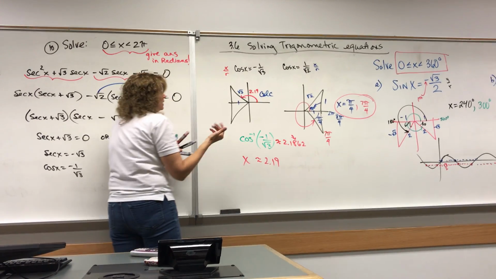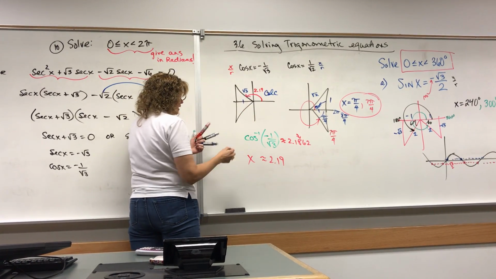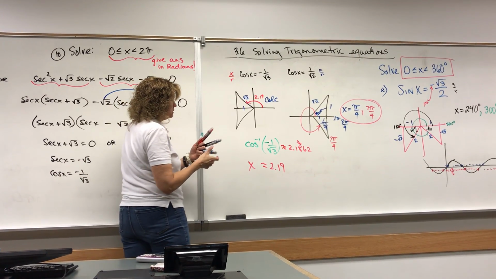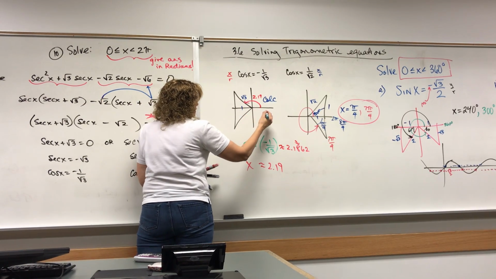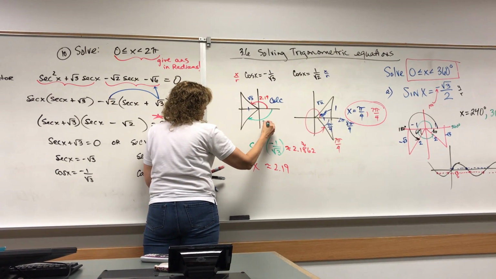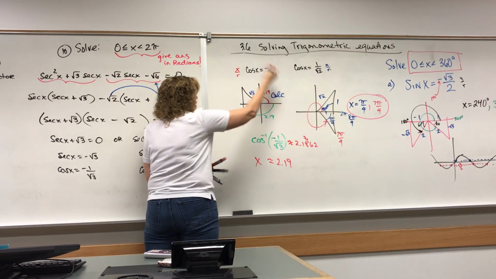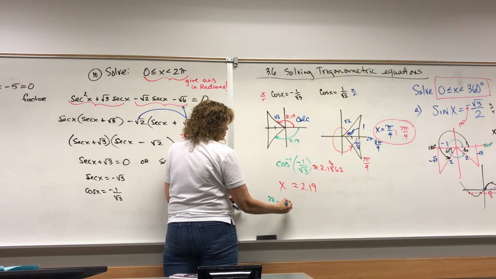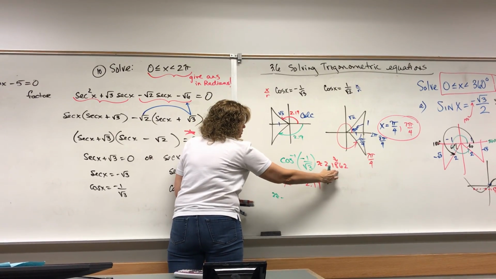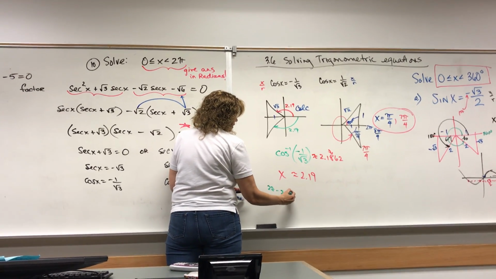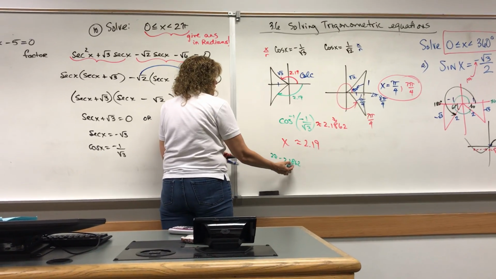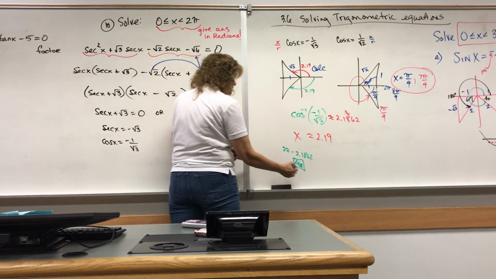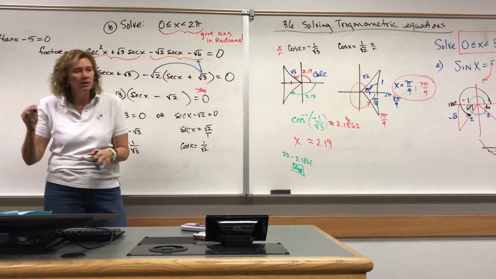A couple different ways people can now proceed to get the second angle. I don't normally think about this, but I know other students do because I see it on their tests. They'll say, well, this is 2.19. All the way around is 2 pi, so they'll take 2 pi and subtract. Make sure you use that entire decimal, 2.1862. So you're going to make use of your ANS key, answer key. Some calculators have an answer key button.